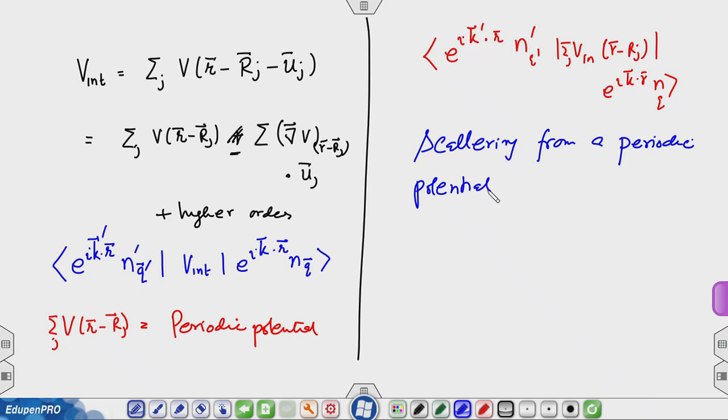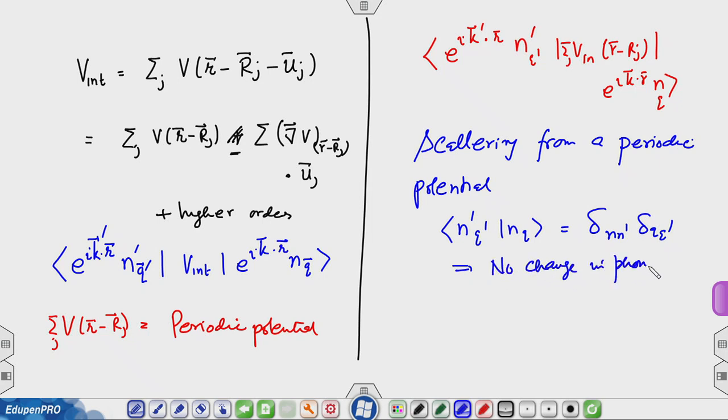Why? Because n prime q prime with n q will give you delta n n prime, delta q q prime, and that means no change in phonon state, neither is created, nothing happens.